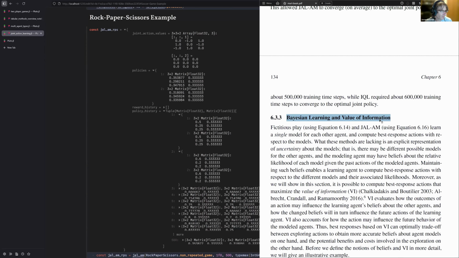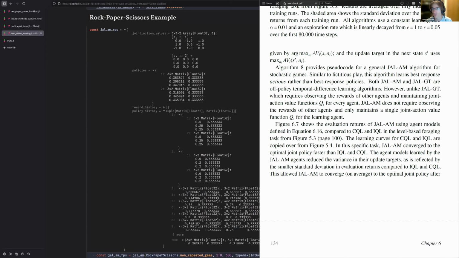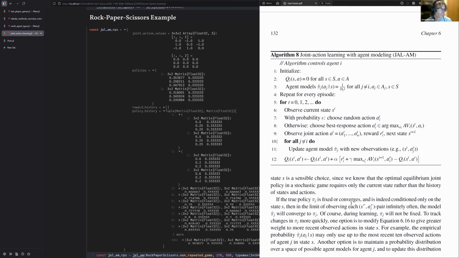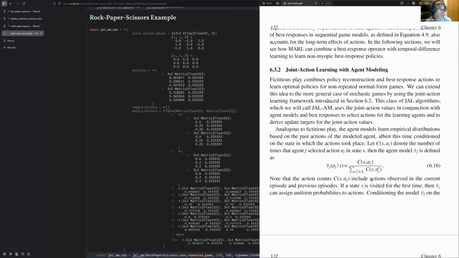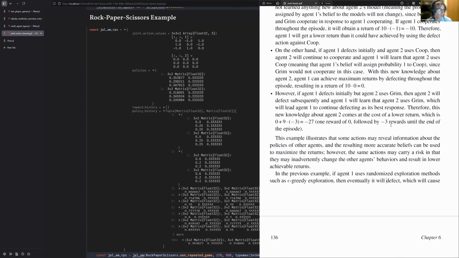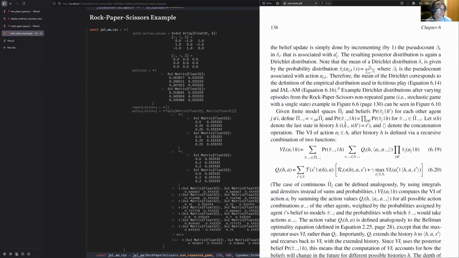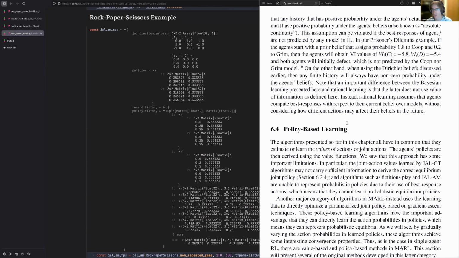There is this discussion of Bayesian information and other alternatives we could use to model the other agents, other than just this simple averaging over time that accounts for uncertainty. So next time we can maybe talk about that, and then move on to different algorithms that end up doing policy-based learning instead of what we've done so far, which relies on the joint action values entirely for deriving the policy, or a combination of them and some empirically measured policy.